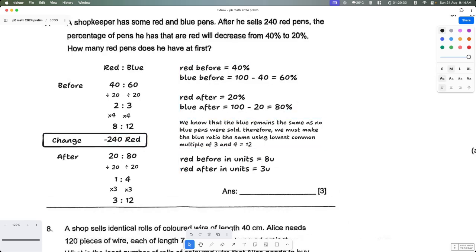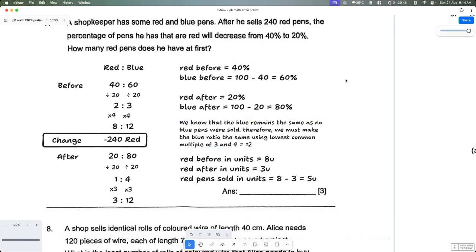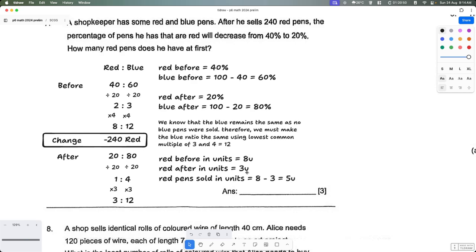So red pens sold in units is equal to 8 minus 3, which is 5 units. Then 5 units over here will be equal to 240.